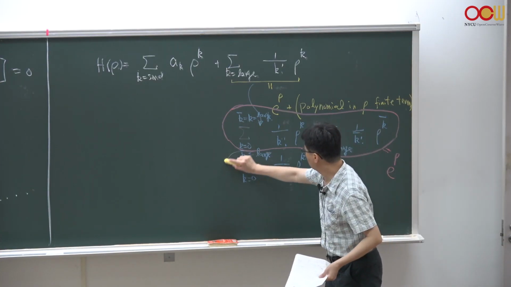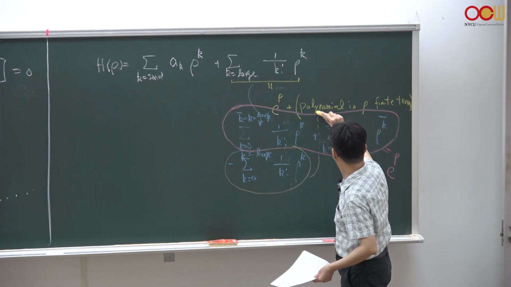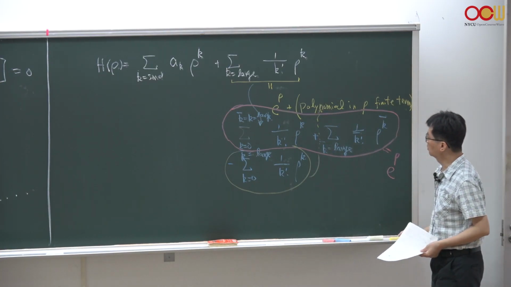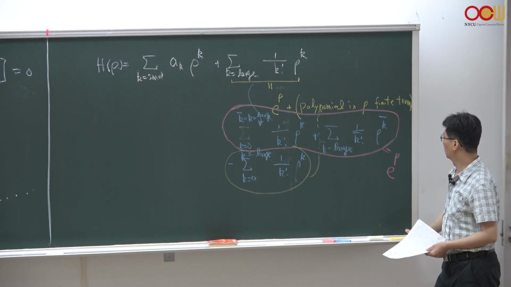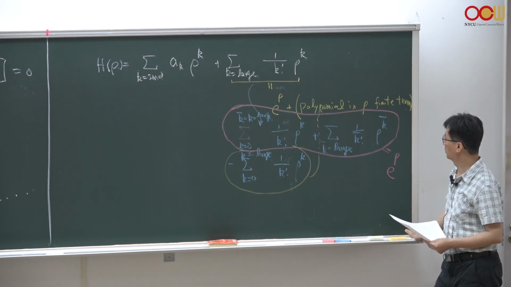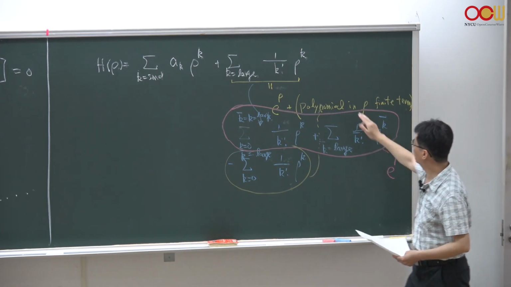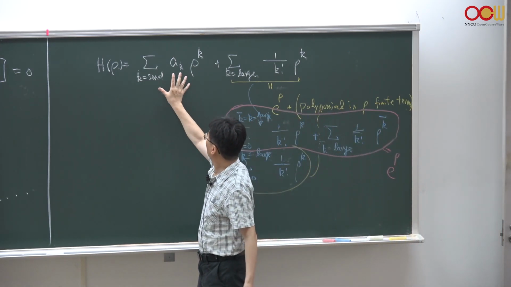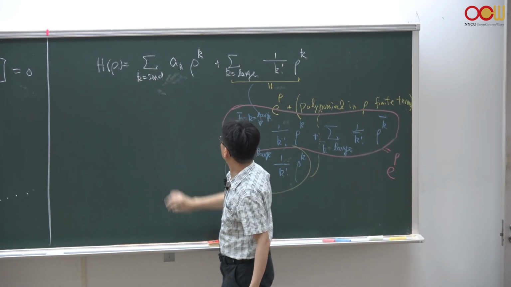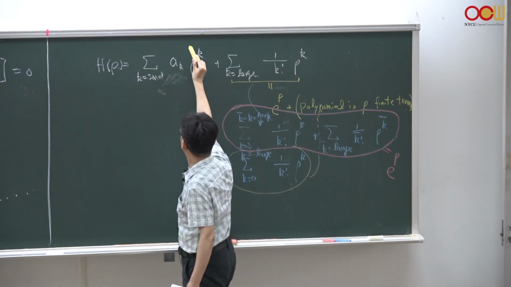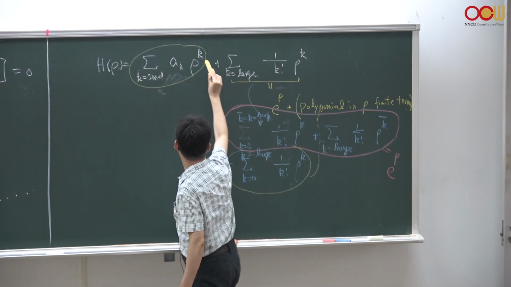That will come into this bracket as a subtraction of a finite number of terms in the form of a polynomial in rho. Of course, you also need to add the small k part of the polynomial.